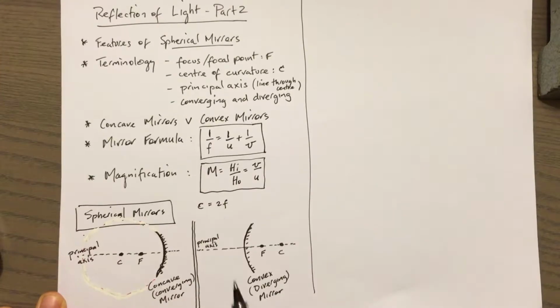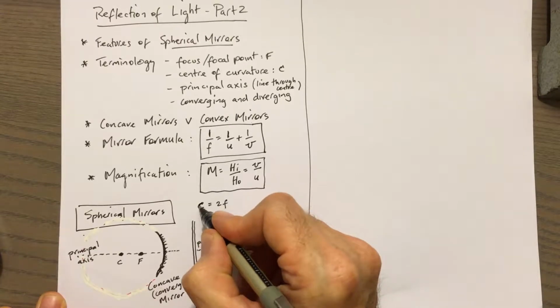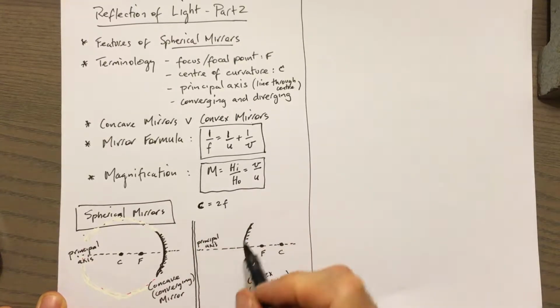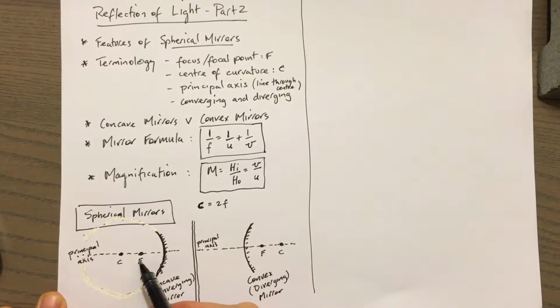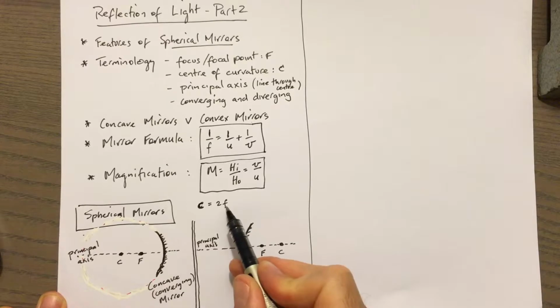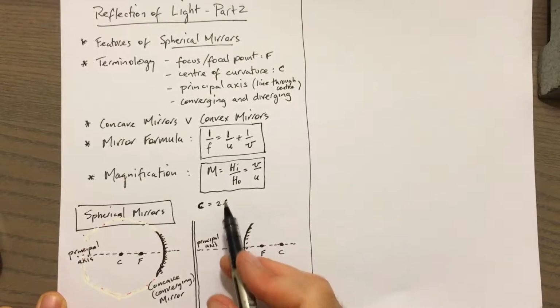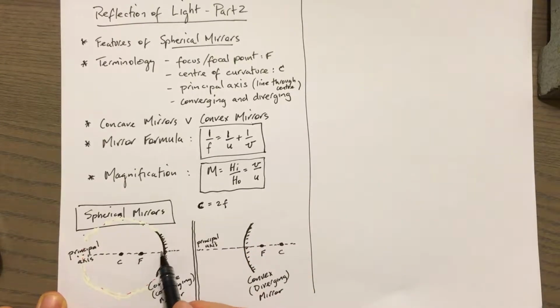2F. Now I'm using lowercase f here because I'll use uppercase F to denote the actual focal point, but I'll use lowercase f to represent the distance. So basically the distance from the focal point to the mirror is f, and the distance from the center of curvature to the mirror is c.